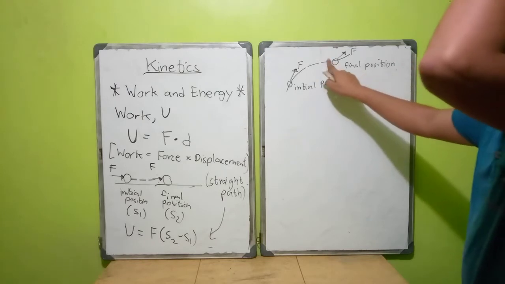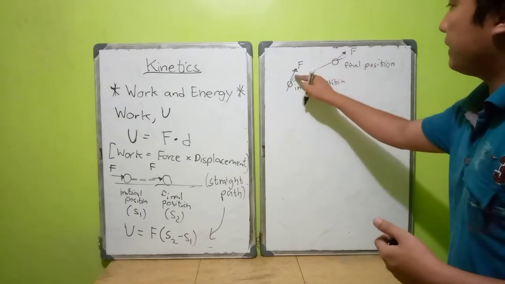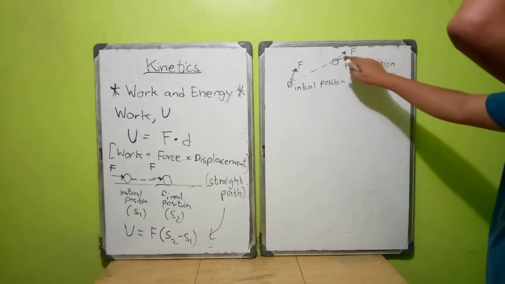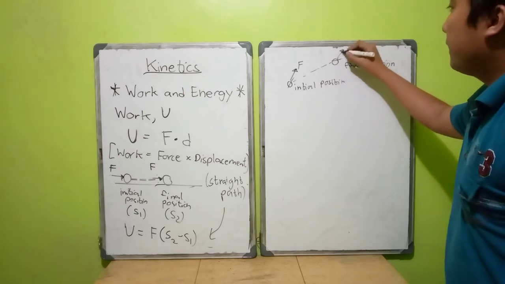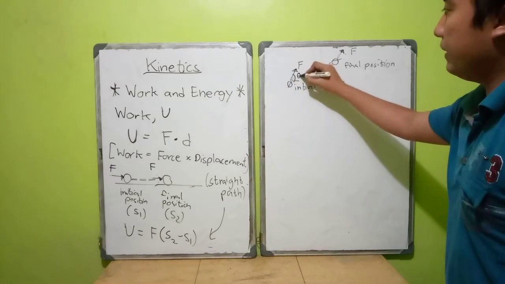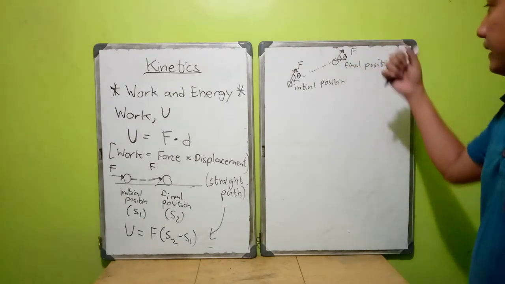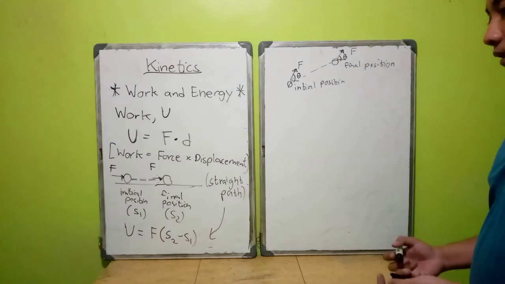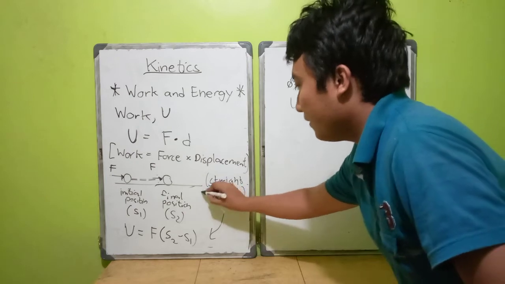Let us say, I'm sorry, it should be like this. It is not perfectly horizontal, in which it is at a position that makes theta degrees with your horizontal.